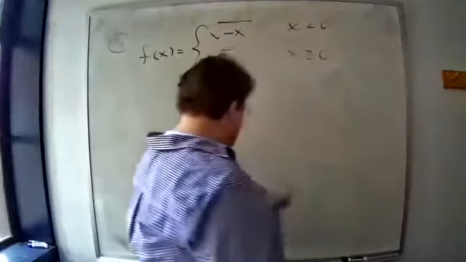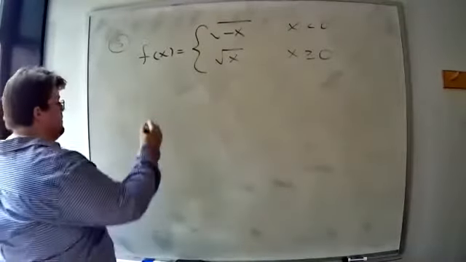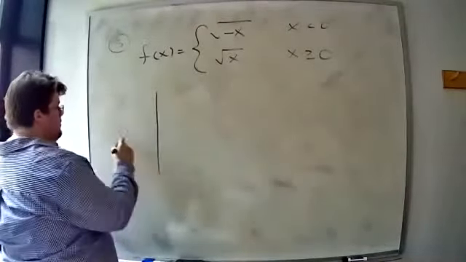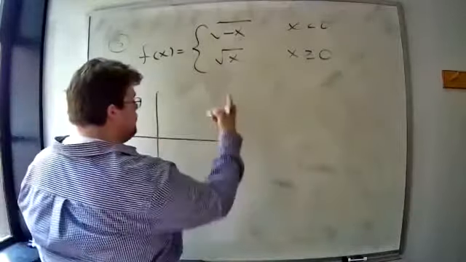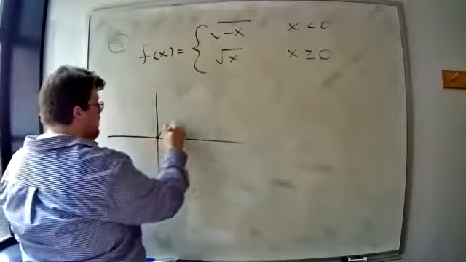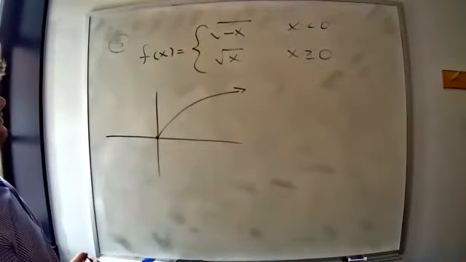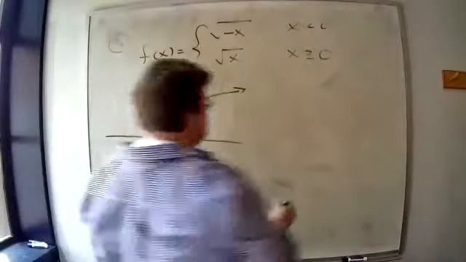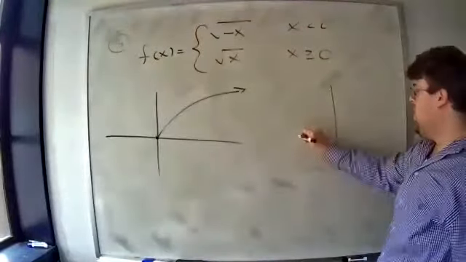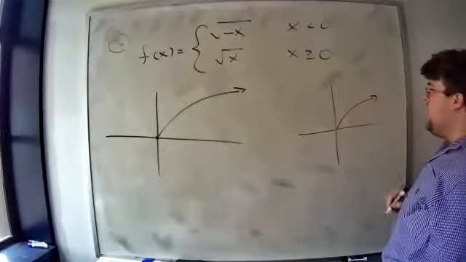So let's look at the details. Well, first, let's sketch this function. Piecewise function, root x for x positive or equal to 0. Root x looks like that. How about root negative x for x negative? Well, what does root negative x look like? Well, root x looks like that.